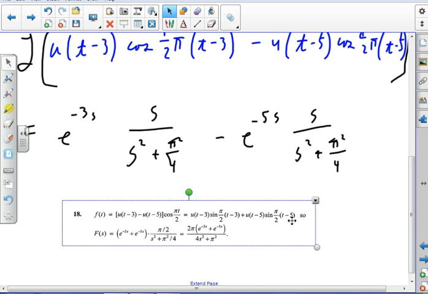If you put 0 in for cosine, you get 1. And the cosine of minus 3 halves pi is 1. And is the cosine of minus 5 halves pi 1? 1, 2, 3, 4, so yes, but there's a minus sign here.